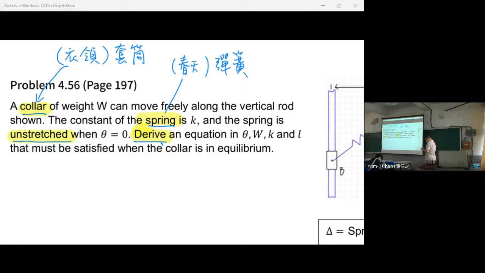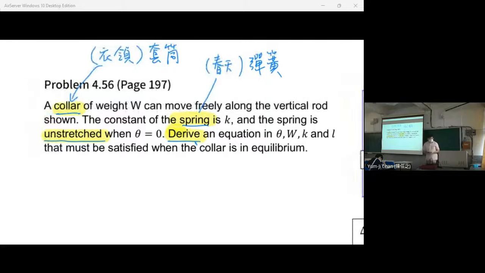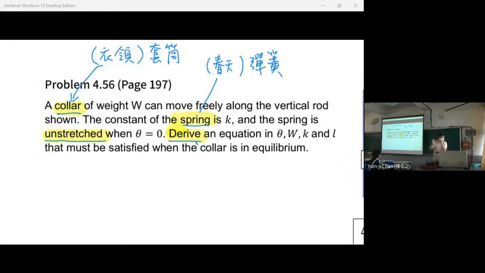And stretch: for a spring, it can be made longer or shorter if you pull it.